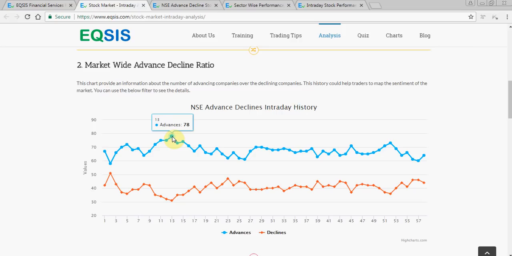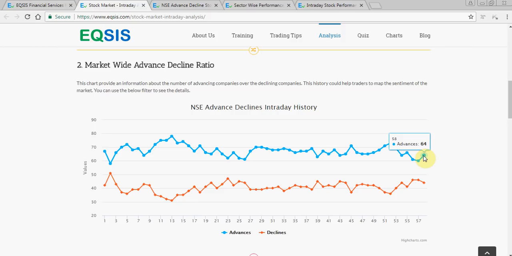Sometime later it was about 78 stocks advancing, and then about 63. At this moment it is only about 64 stocks advancing. It's not about 60 or 40, it's not about 70 or 30. How the progress unfolds helps me understand the change in sentiment, and this can help us understand how the sentiment is progressing over a period of time, specifically for intraday trade.